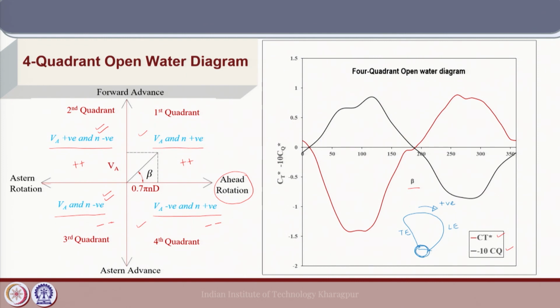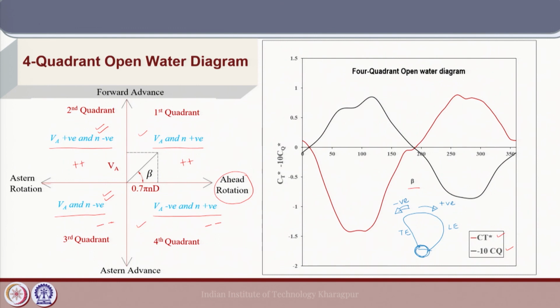Now, when we reverse the direction of rotation of the propeller blade, what will happen? It will start to rotate in the reverse direction, which will produce negative thrust, that is astern thrust.